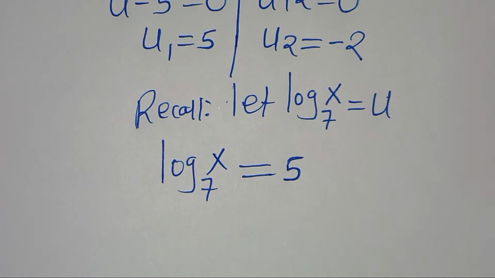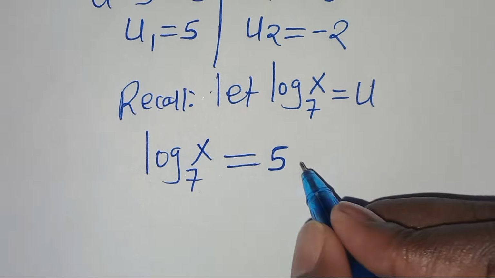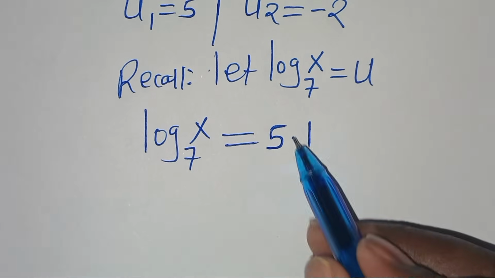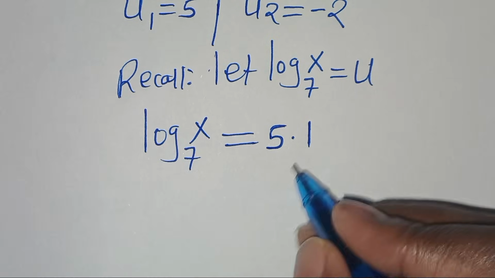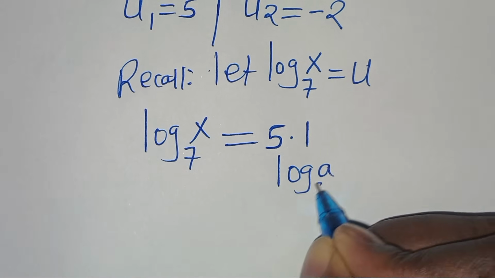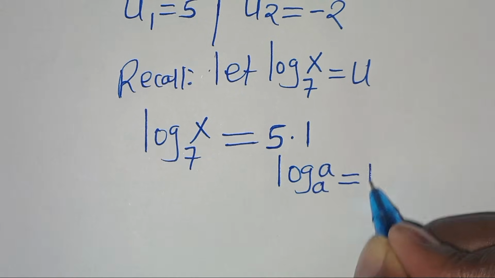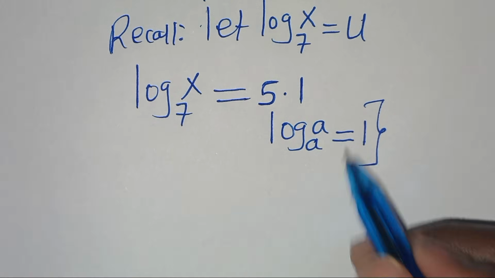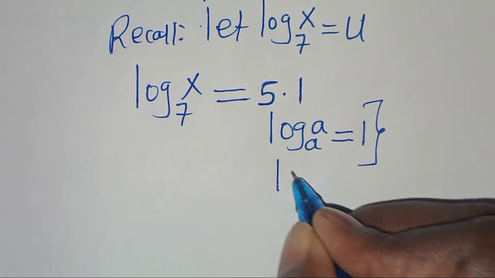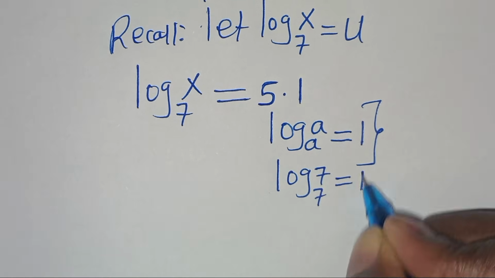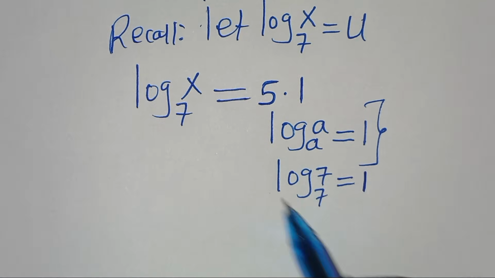Now, we can express this 5 as 5 times 1. 5 times 1 is the same thing as 5. And then given that log a to base a is the same thing as 1, applying this property, we can express log 7 to base 7 as the same thing as 1. So let's introduce log 7 to base 7.